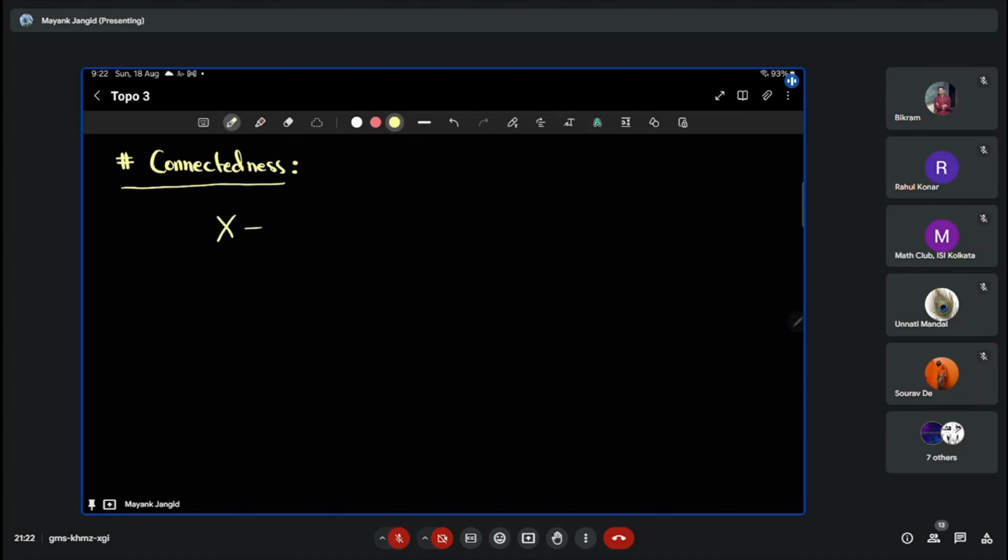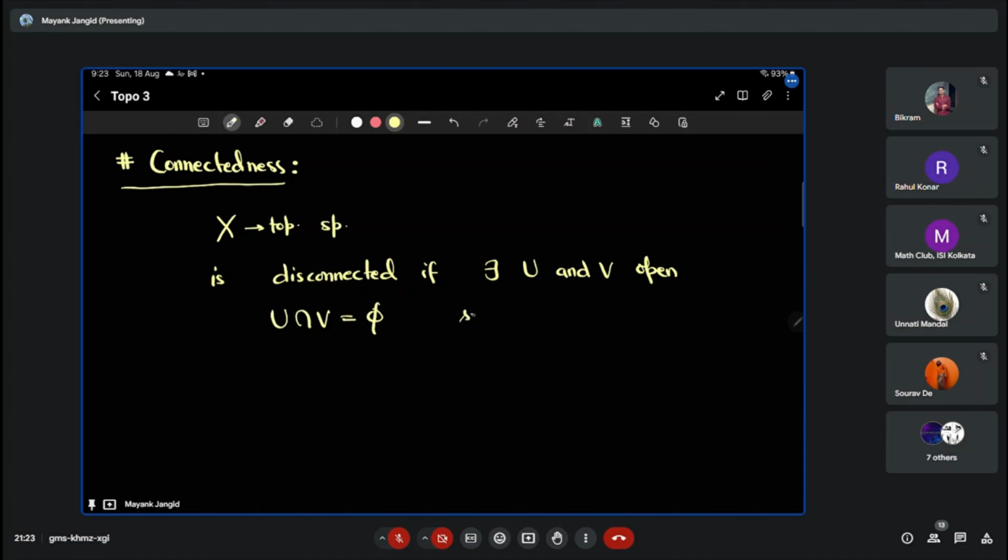A topological space X is said to be disconnected if there exist two open sets U and V which are disjoint, so that their union is the full space.